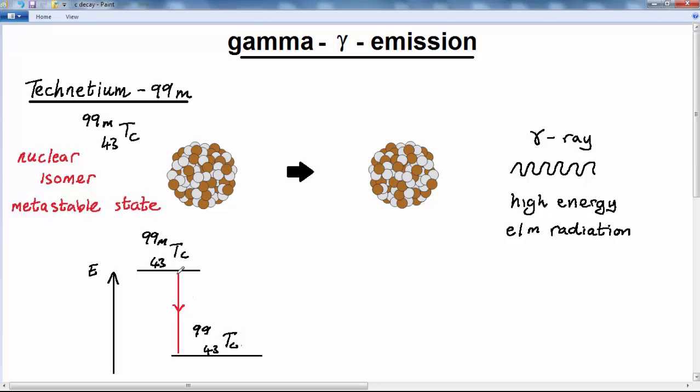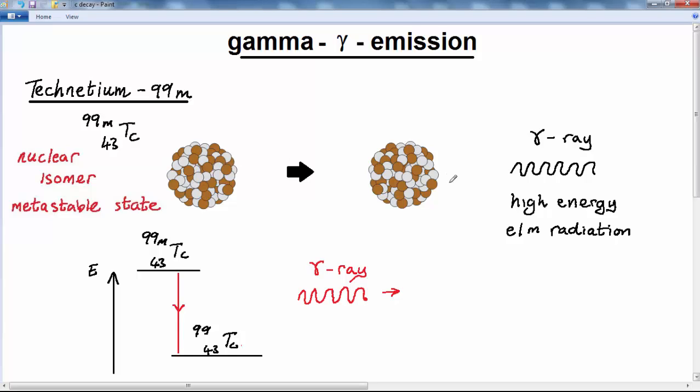Okay, so as it changes state from this higher metastable state to the lower state of technetium, we get the emission of the gamma ray, and the energy of that gamma ray corresponds to the difference in energy between these two levels, between the metastable state and the normal state of technetium.